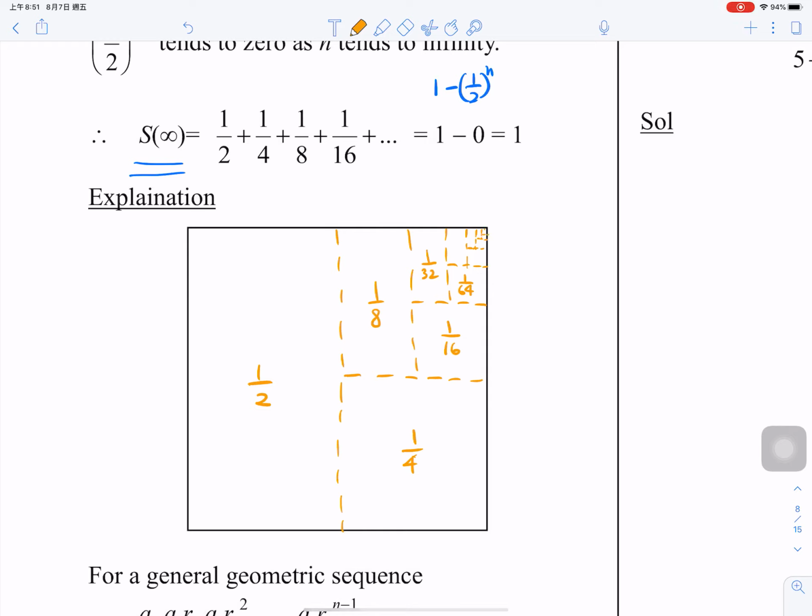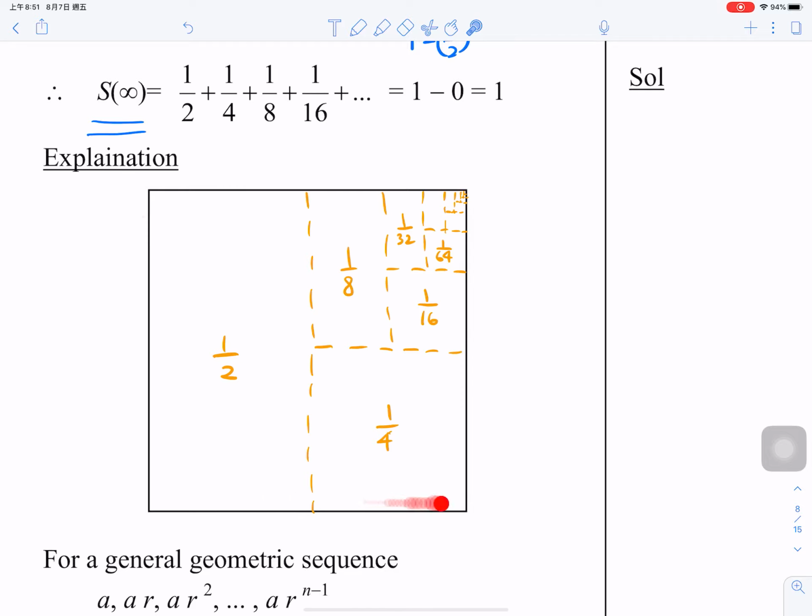Can you see? Okay, enough. And you found that at the end, you get this whole square. That means as a whole, 1.